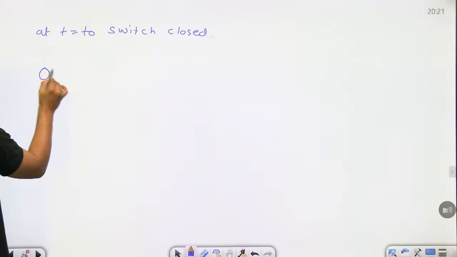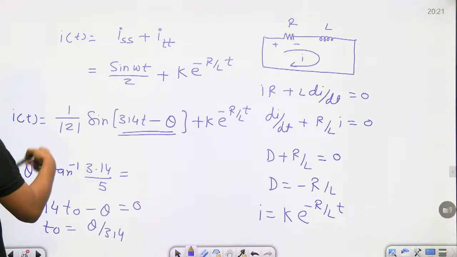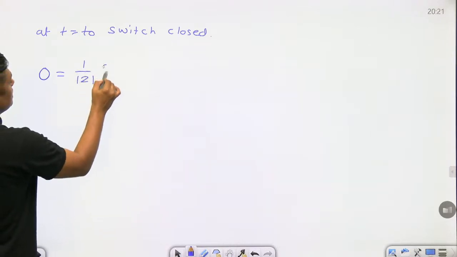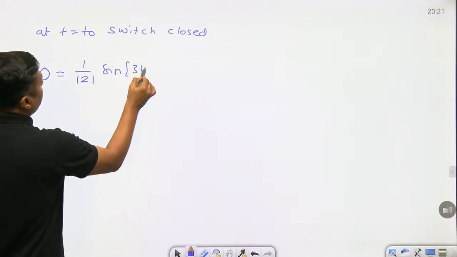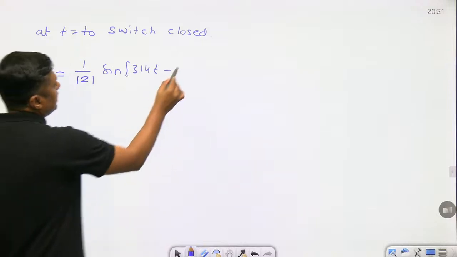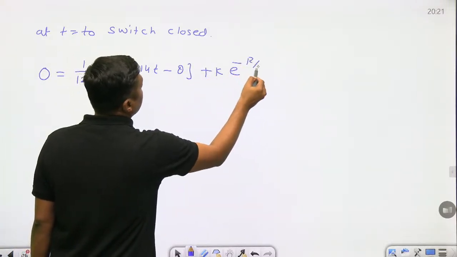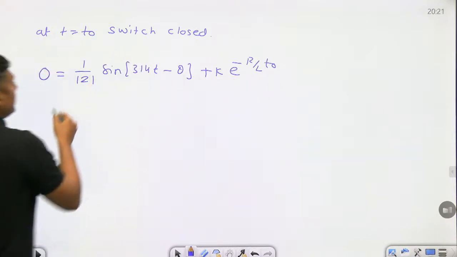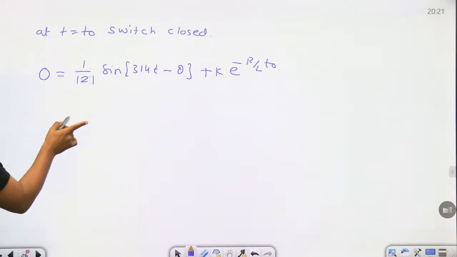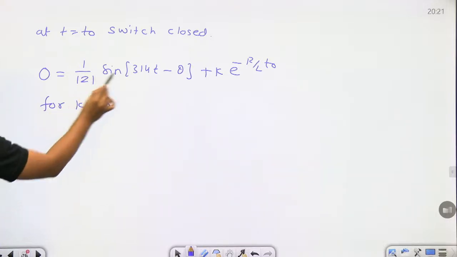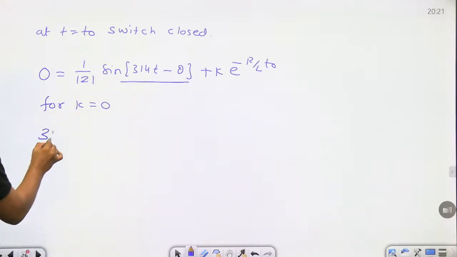So the initial current is 0 just after the switch closing, and you can equate it: 1 by Z sine of 314t minus theta plus k e raised to power minus R by L t naught. Equate it, and from that we want k equal to 0. For k equal to 0, this angle should be equal to 0.